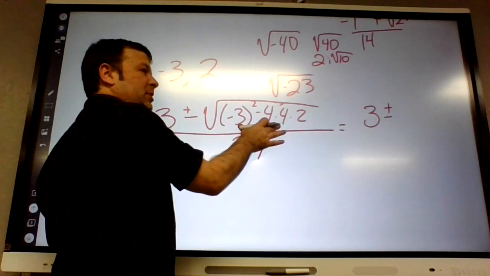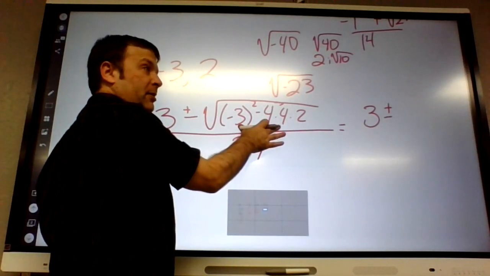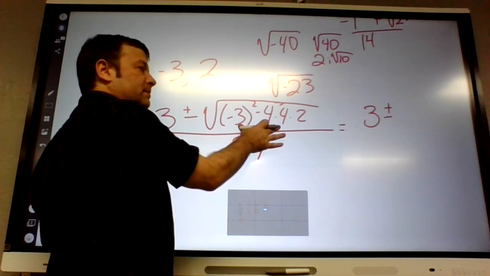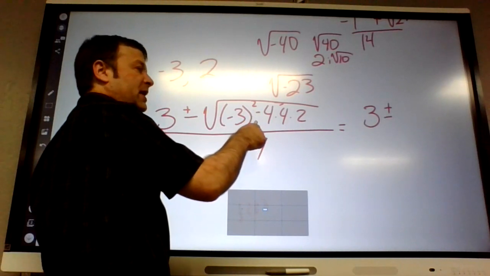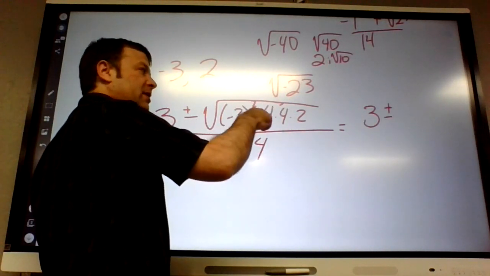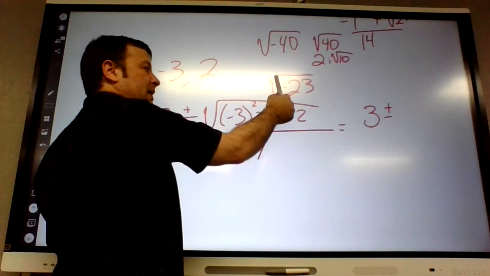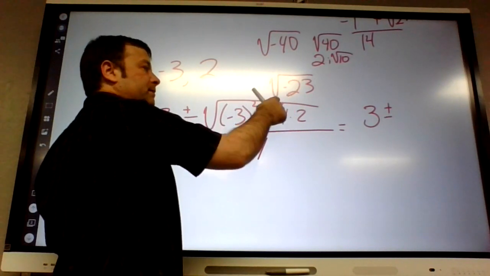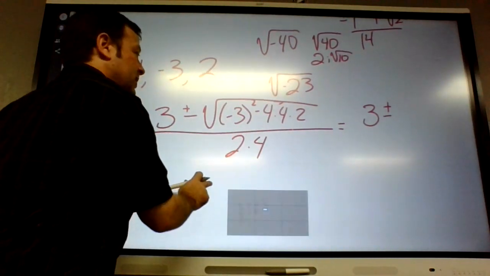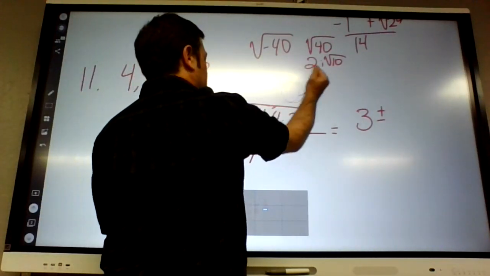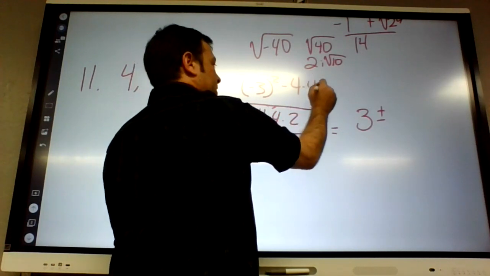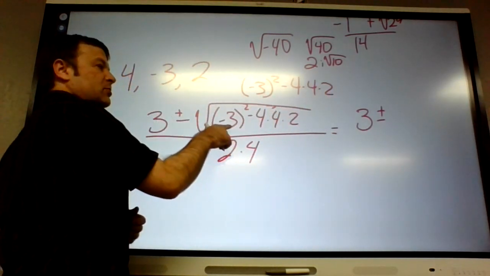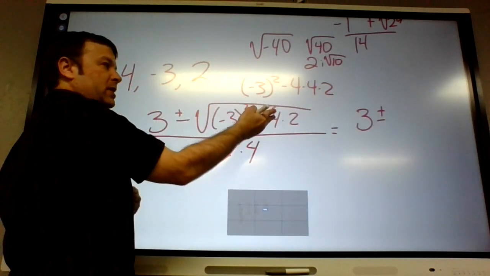So you might not be able to tell whether this is going to be imaginary or not. You just kind of have to figure it out one way or the other. If it says error, that's because it's a negative. So what you'd have to do, like on this problem, 11, is go back and do this stuff without the square root. Just get rid of the square root. It'll spit out negative 23.